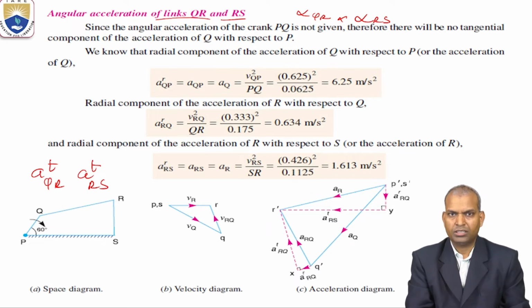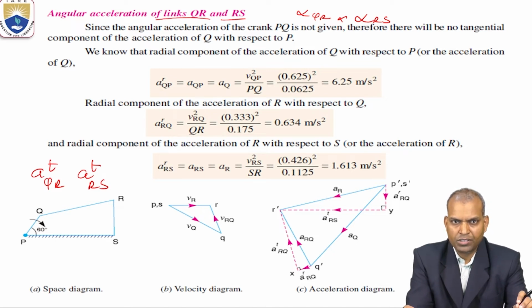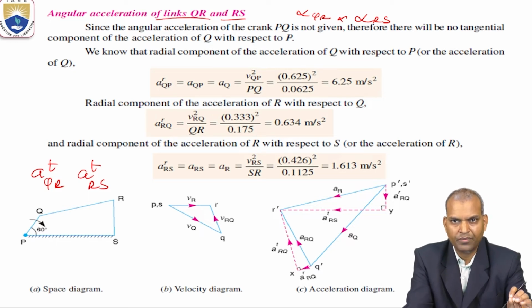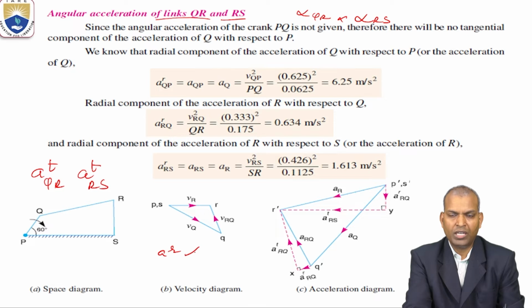So how to start? First of all, before starting the acceleration diagram, whatever data we know from the velocity diagram, from that you calculate the acceleration components. From the velocity diagram, V square by R, the radial components can be found for all the links.